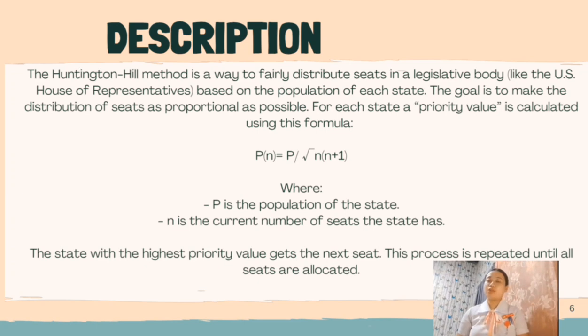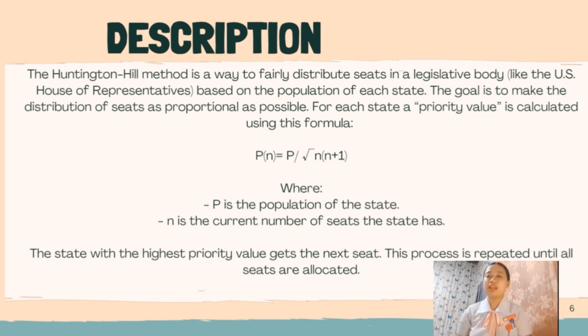The state with the highest value gets the next seat, and this process continues until all seats are filled. So this method ensures a fair and balanced distribution of seats.